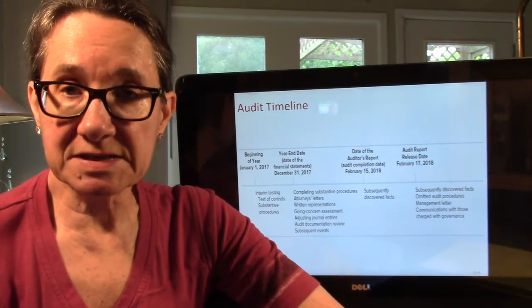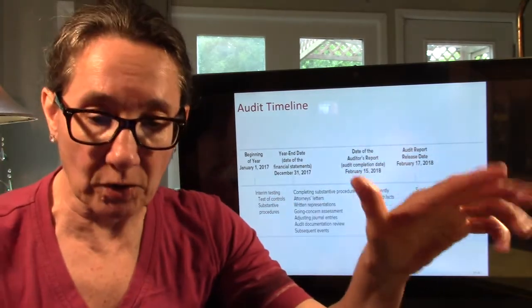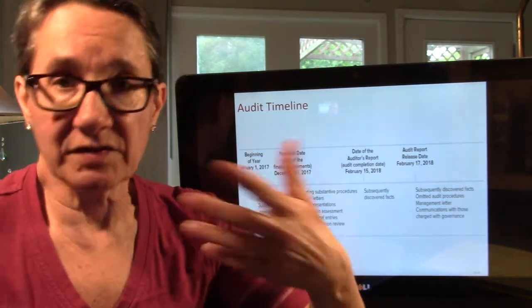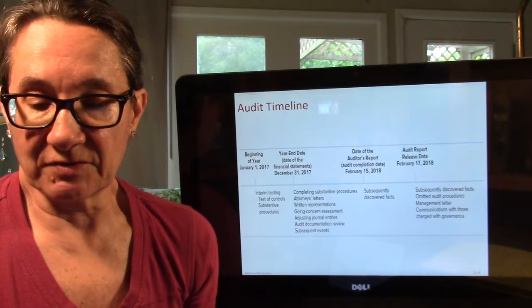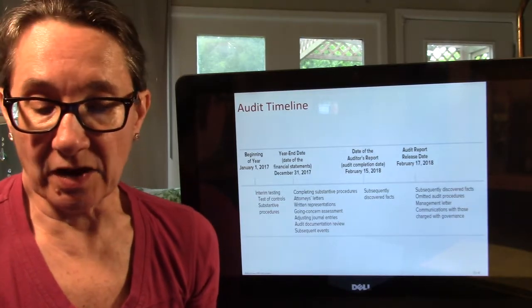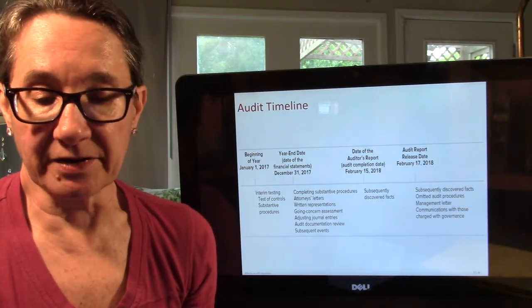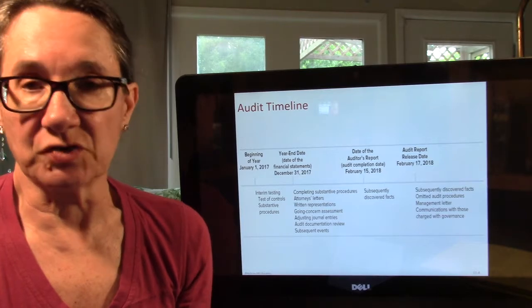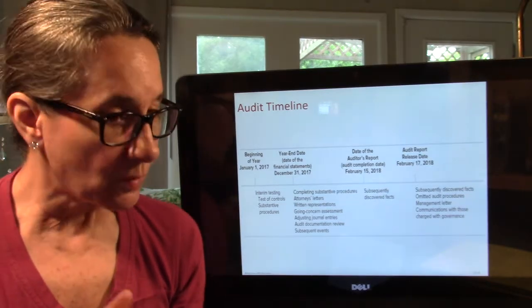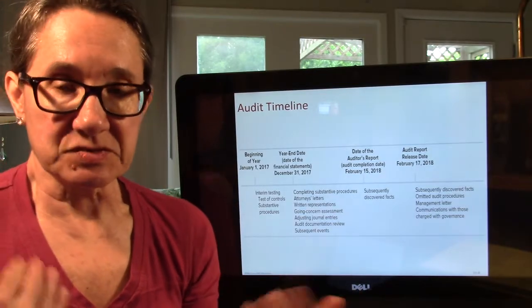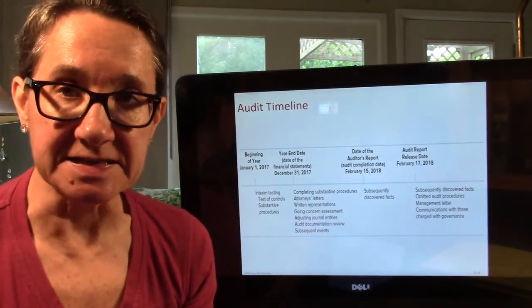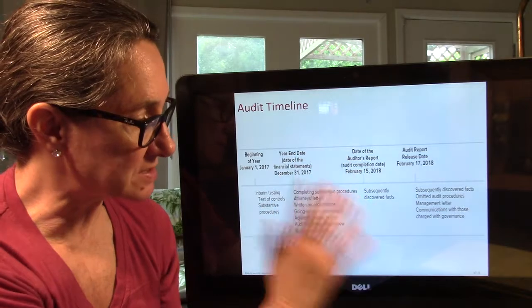Now, once that audit is out there in the world, stuff can still happen. You can have a subsequently discovered fact, omitted audit procedures, a management letter, and communications with those charged with governance. In the videos for this chapter, we're going to talk about these finishing up details, and they happen because of this timeline.